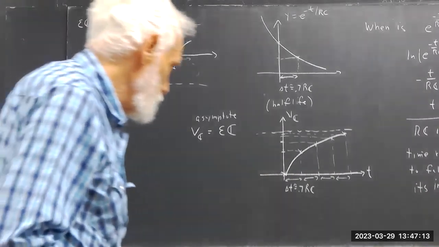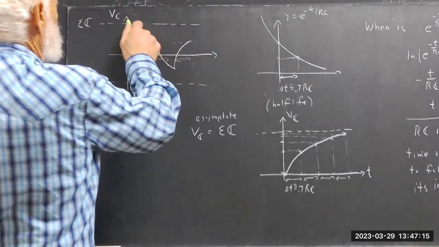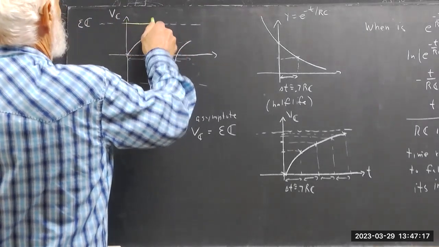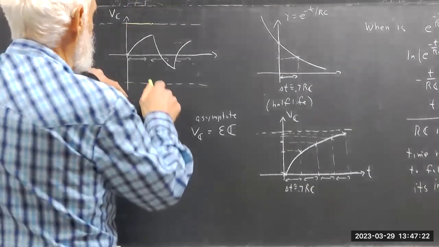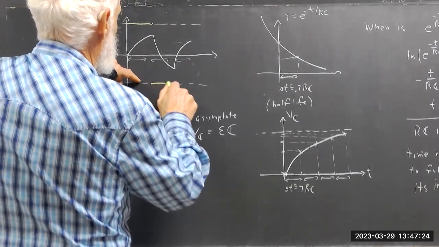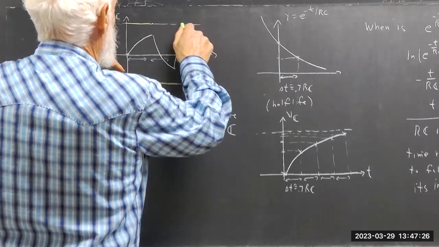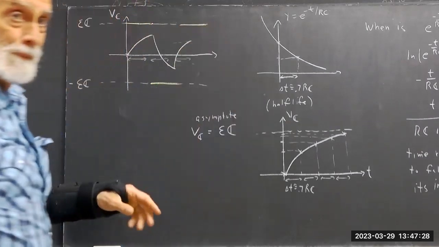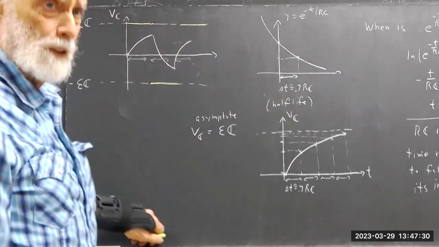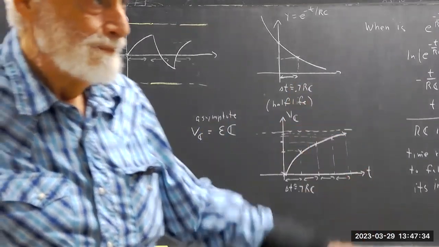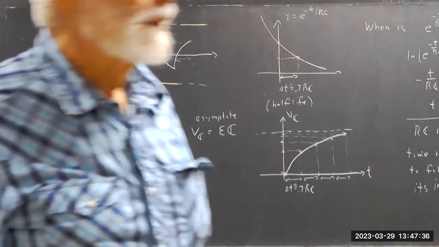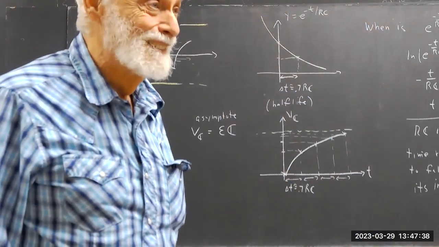You're driving this thing with a step function that looks like this: this voltage, then driving it down here, and then driving it up there. You did step functions, didn't you? I just say that because if you're an electrical engineer, you're going to get used to it.